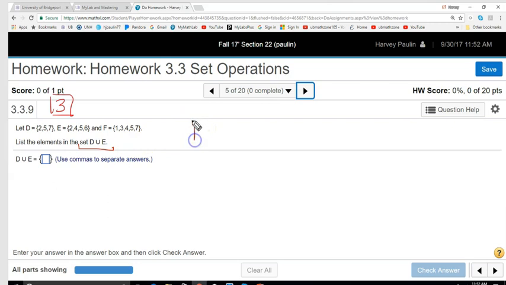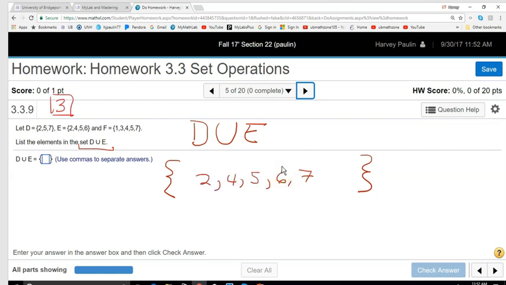Well, we're going to say set D in union now with set E. So in roster notation, I may have made that too big, but you're going to put those elements that are found in both sets as one. Any element that's repeated, we only list once. So take a moment and see what you get. And generally you want to put them in order.